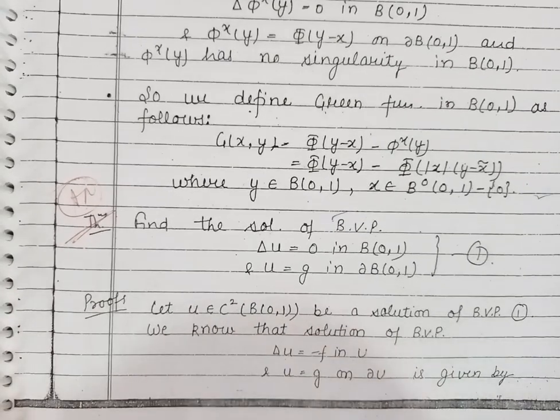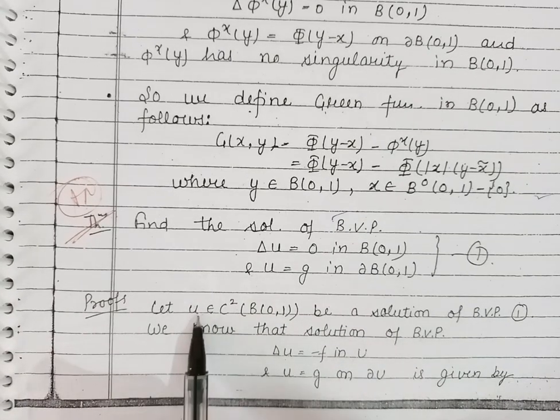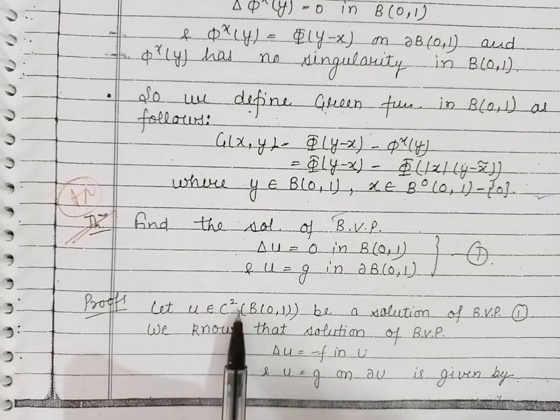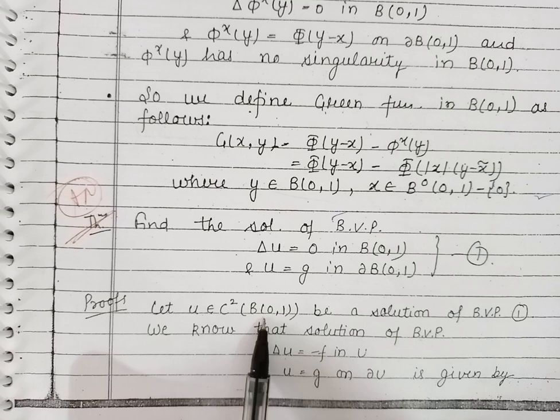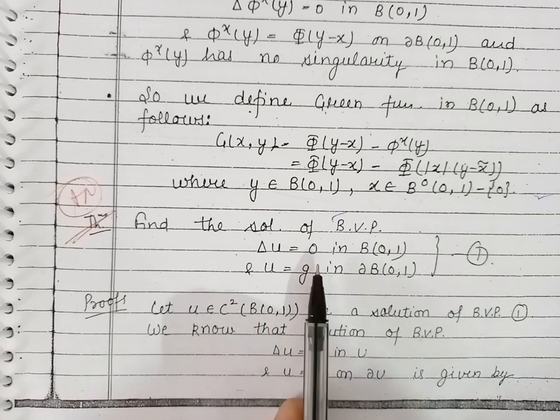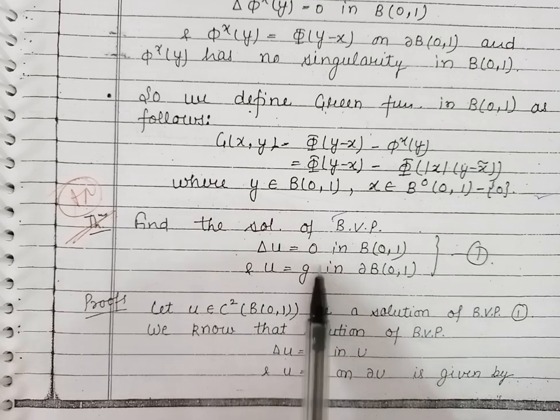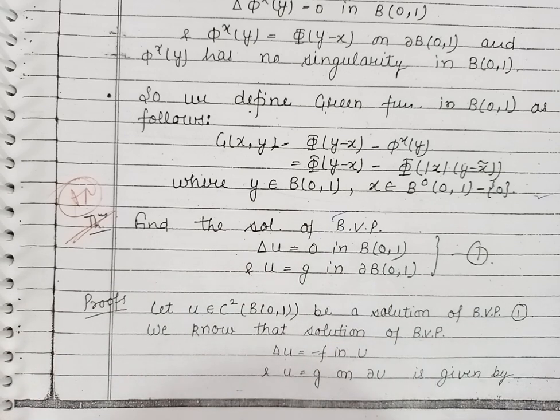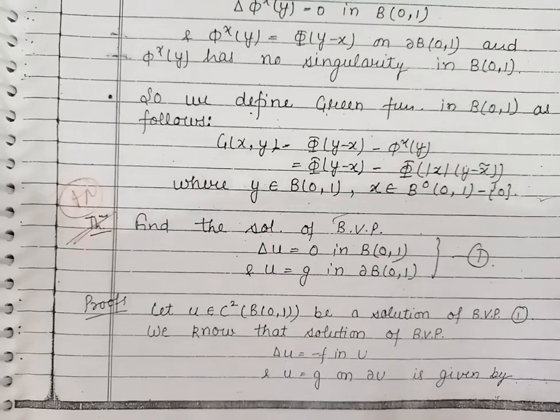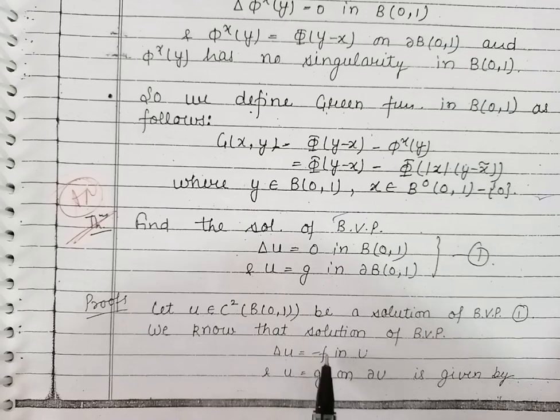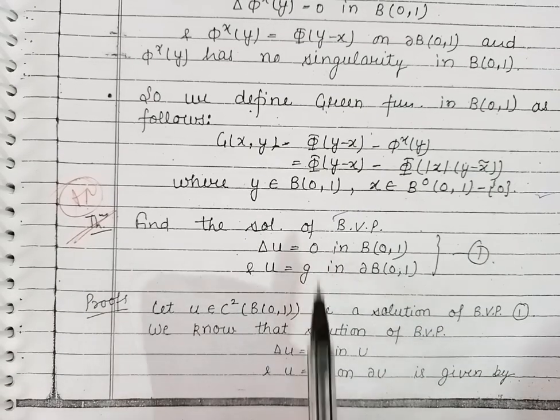To solve this problem, let us take u, which is a twice continuously differentiable function defined on this unit ball. Suppose this u is the solution of this boundary value problem. Now we already obtained the solution of the boundary value problem for Poisson's equation. So in our present case, the value of function f is 0.